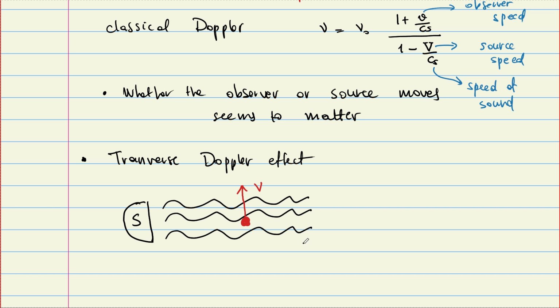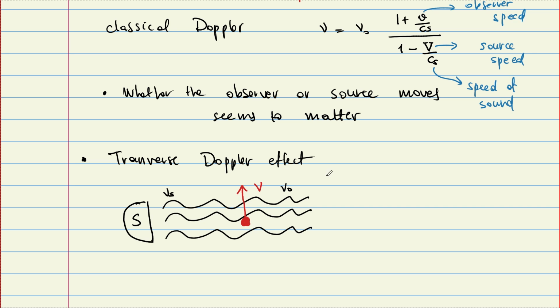And the source has a frequency nu s, the source frequency, and nu o is the observer frequency, and our job is to find nu o, the observer frequency, in terms of the source frequency and the velocity, and of course the velocity of light.